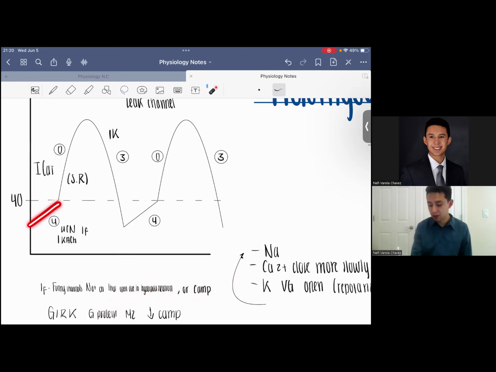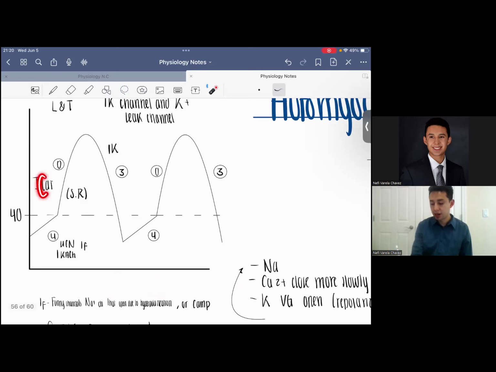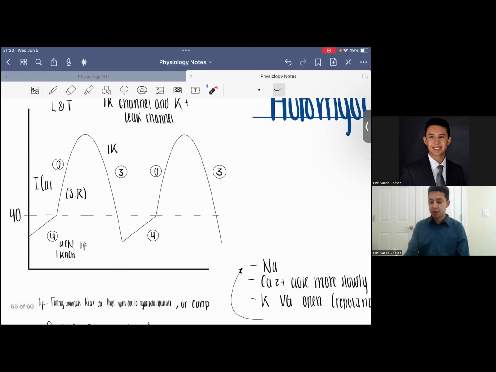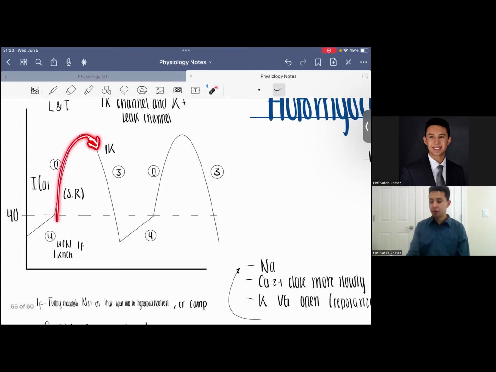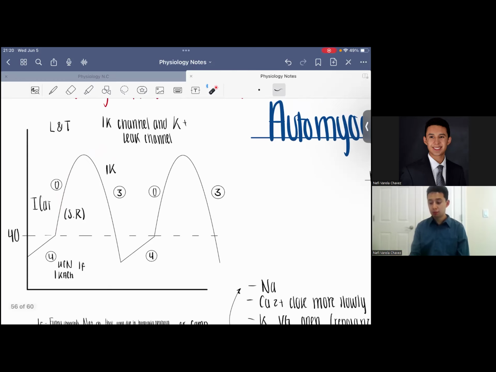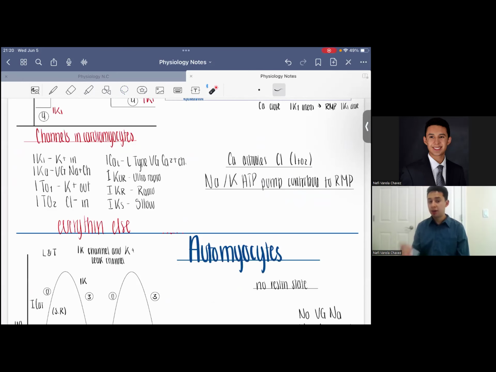Okay, so we're gonna start this depolarization process, and our main contributor for depolarization is gonna be calcium. Again, we have T and L, and we're gonna have also intracellular calcium coming from the SR. And then again, we are gonna have calcium leak channels and a calcium channel, not the rapid and ultra rapid and the slow channel.